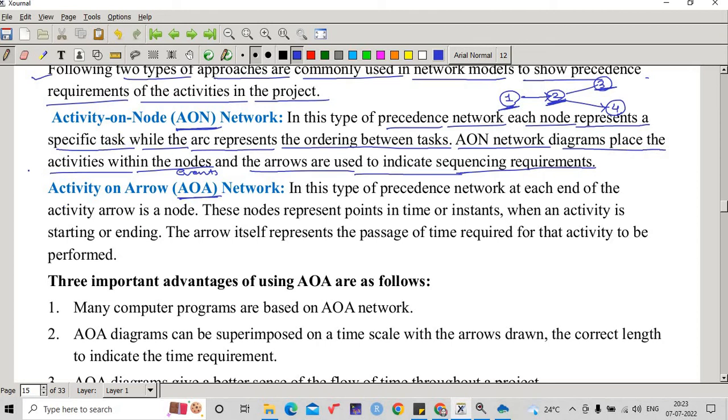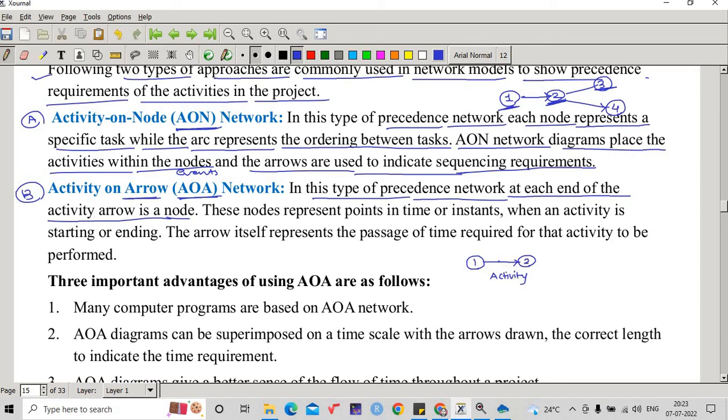And then the second part is the activity on arrow (AOA) network. In this type of precedence network, at each end of the activity arrow is a node. So if I am noting down the activity in this way, this is my activity and it is connecting node 1 and node 2.